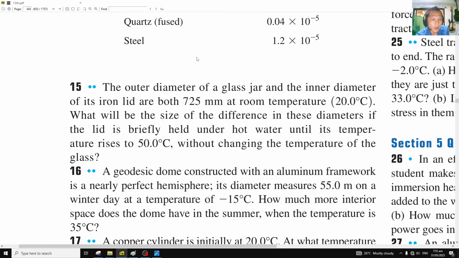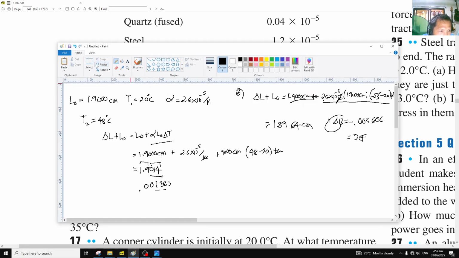You have another problem. The outer diameter of a glass jar and the inner diameter of its iron lid are both 725 millimeter.